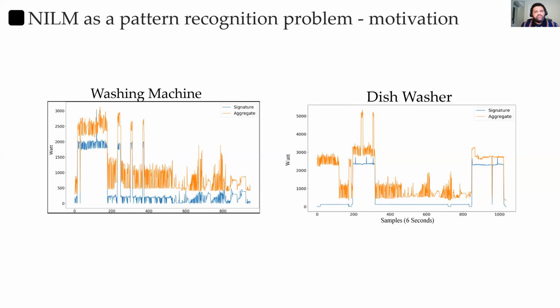Basically, thinking about NILM as a pattern recognition problem comes from the observation that individual appliances have specific signatures that are reflected in the aggregate measurement. In those two figures, the orange plots are the smart meter reading, which is the total consumption of the building, and the blue plots are the individual consumption of the washing machine on the left and the dishwasher on the right.